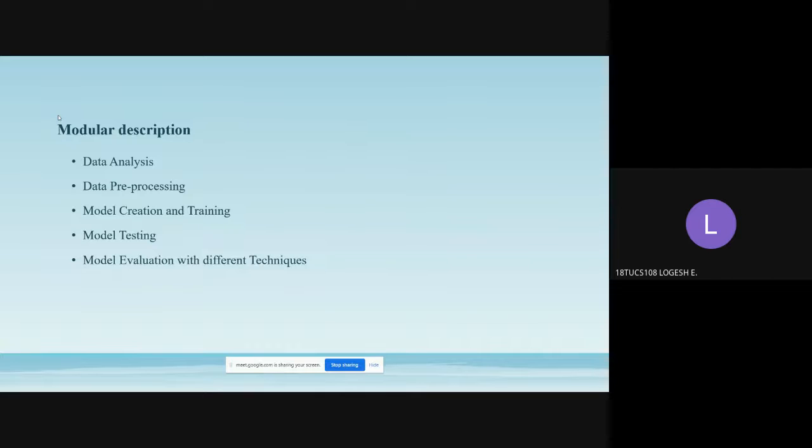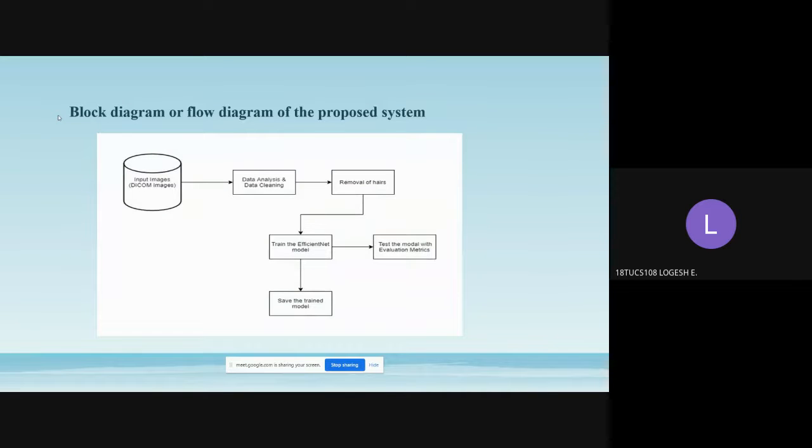Okay, pa. This is our block diagram. Our dataset contains lakhs of DICOM images. First we analyze the data from the dataset, so we can clearly see what data is missing and easily refill it.